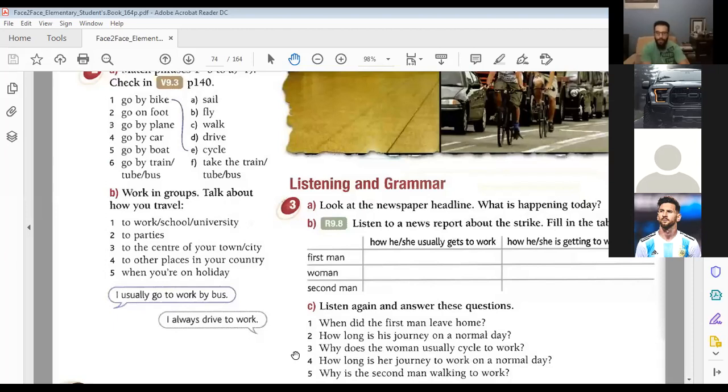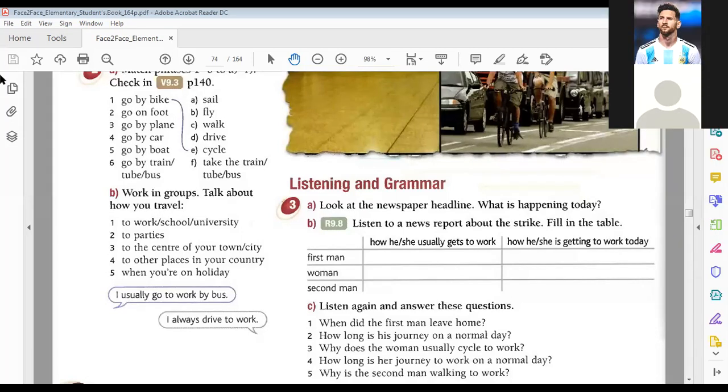And the last question: why is the second man walking to work today? It's faster than using a car. Yes. Because of the traffic, it's faster. It's faster going on foot. Okay, so this is an example of what happens in a big city when you have a transport strike.